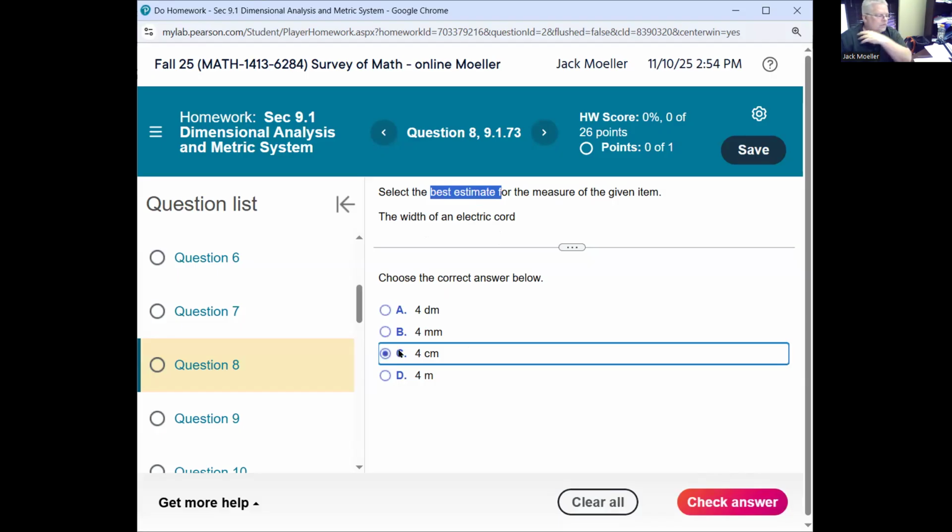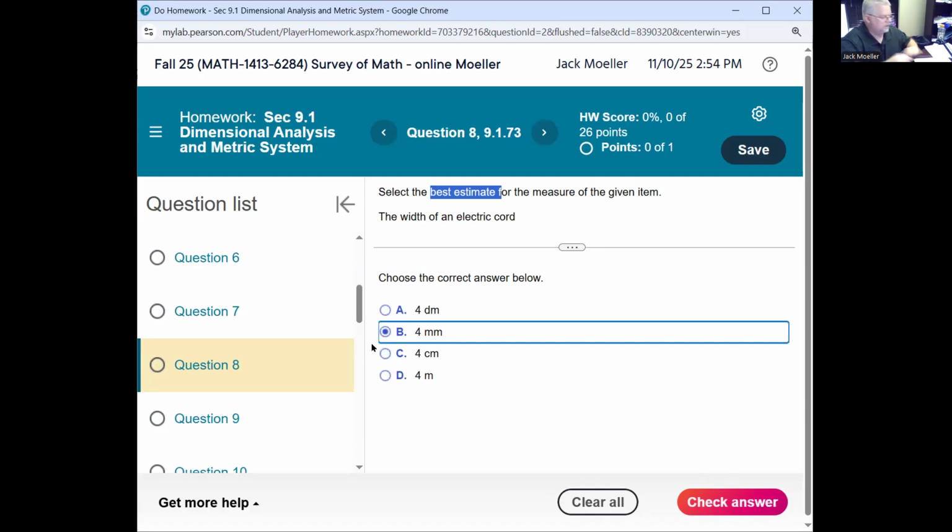So 4 centimeters would be about an inch and a half. That's a bit big, unless you're dealing with maybe a dryer electric cord, one of those big ones. A centimeter is about the width of your pinky finger.